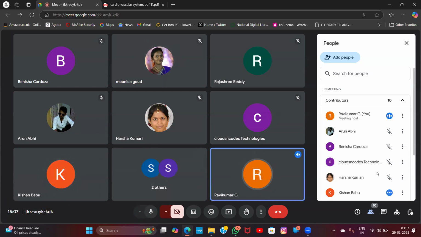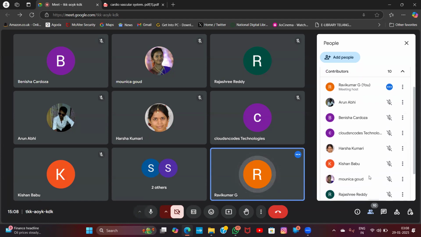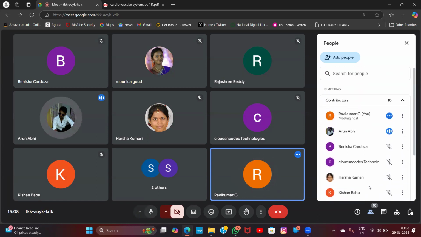Anatomy of heart, right? Arun Abhi Garu, could you please introduce yourself? Your name and your qualification, are you a license graduate or not? Are you there? Yeah, carry on.